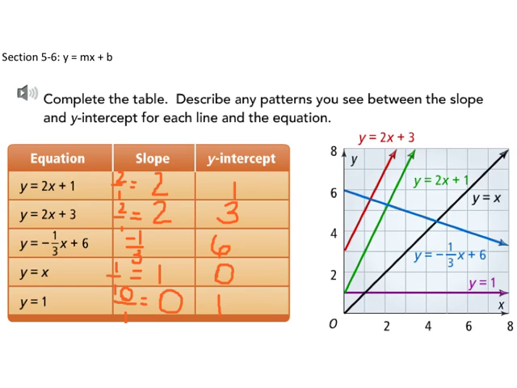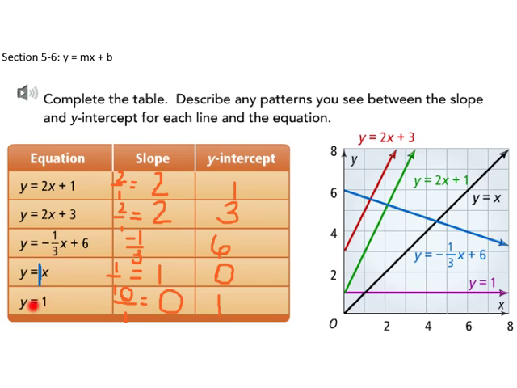If we come down to this equation, the coefficient in front of the x, we don't see it there, but we do have 1x there. So in my equation, I'm going to add a 1 in front of this x, and that will show me that the slope is occurring in this equation.